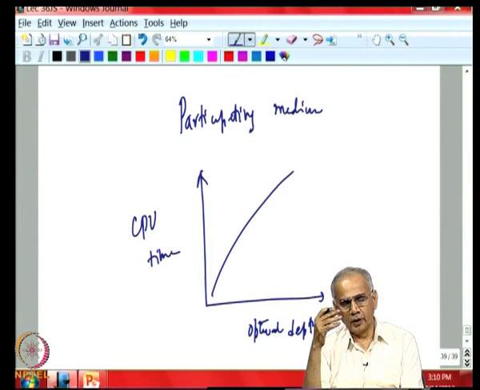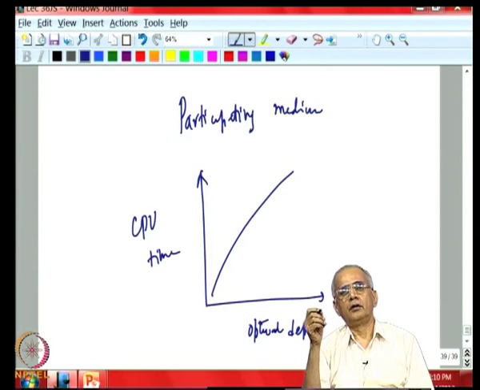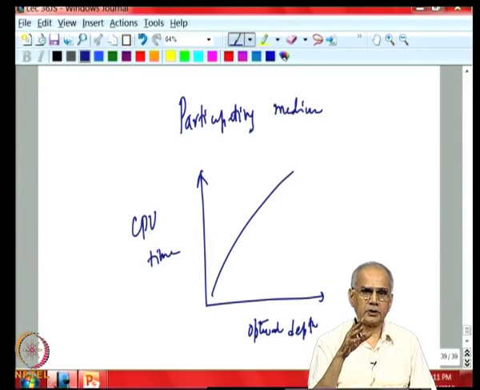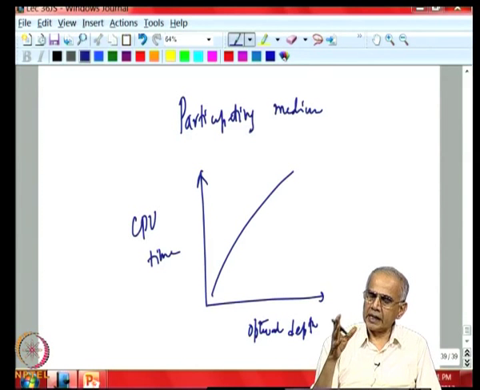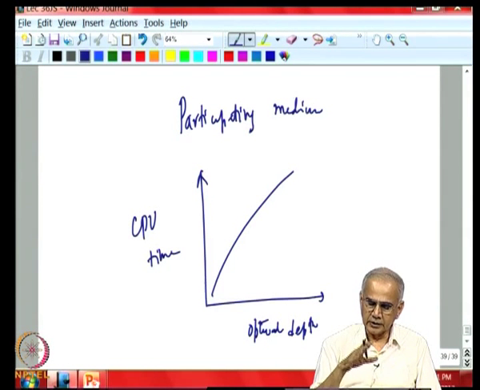So, problems like boilers, complex concentrating solar collectors, radiation through fibrous media, all these kinds of problems which are three-dimensional, complex geometry, lot of scattering, cannot be solved with many of the conventional techniques that we have discussed in these lectures.